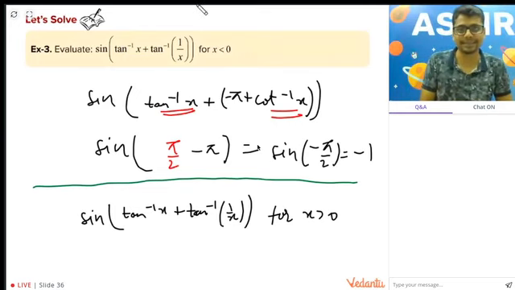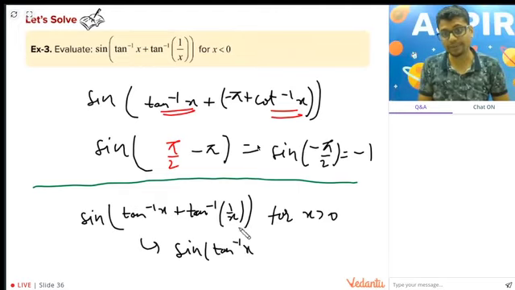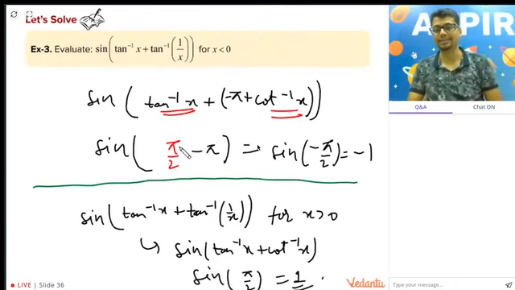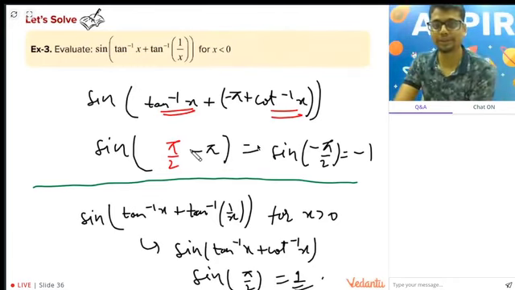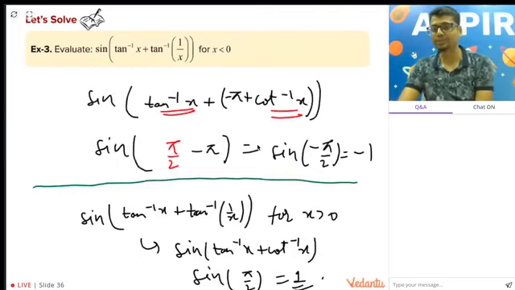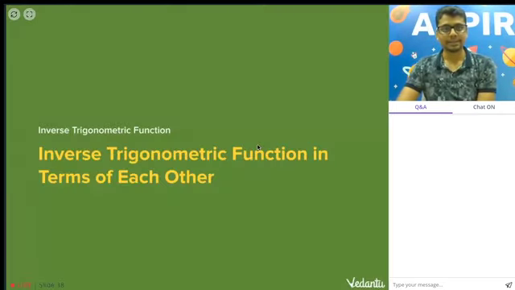Basically, it will be sine of, when x is greater than 0, tan inverse 1 by x is cot inverse x only, right? And this is sine of pi by 2. Why? Because tan inverse x plus cot inverse x is always pi by 2. This is 1. Good. Every one of you is able to understand. That's great. In the earlier question, we get minus 1 because x is less than 0. If x is greater than 0, 1. That's it. Simple. Right.